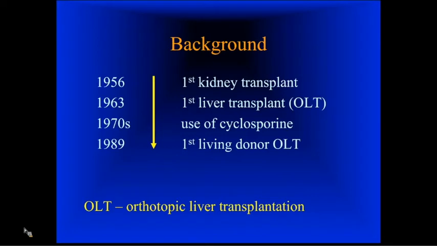Then we started doing deceased donor liver transplants, and with the success of that, moving on to live donor liver transplants. The first successful one was done in 1989 in Australia, where the donor was a mother to her pediatric offspring.